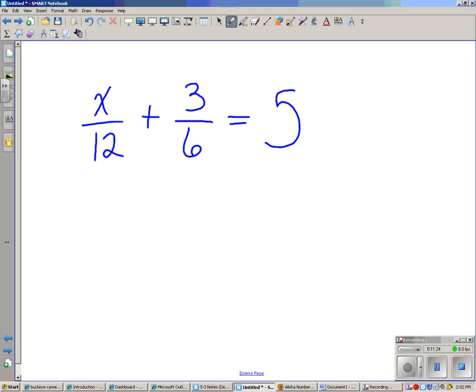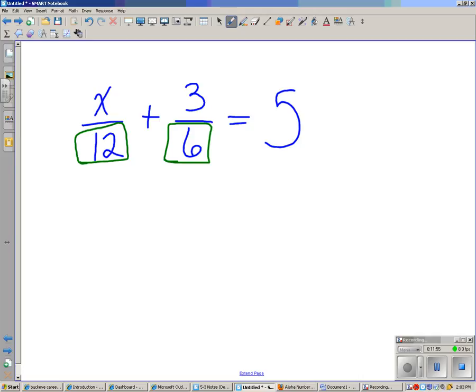Cody? Yeah. What are these numbers called? All my denominators can go evenly into 12, can't they? The lowest common multiple is 12. So I want to multiply the entire equation by 12.